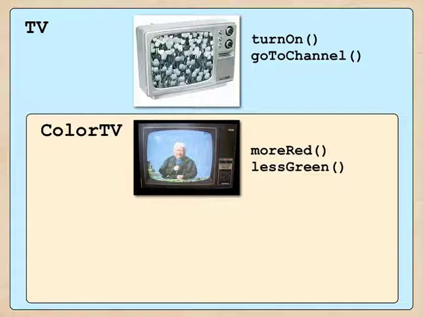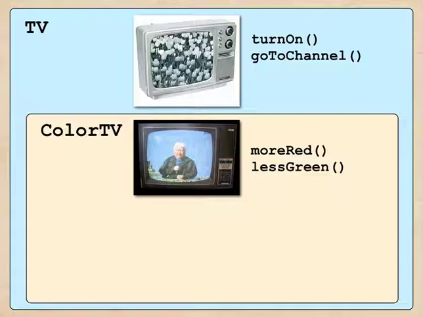But what if we send the message turn on to an instance of color TV? There is no turn on in color TV. It literally has nothing in the source file named turn on. There's no procedure, nothing. So color TV receives this message that says turn on and it doesn't know what to do with it.